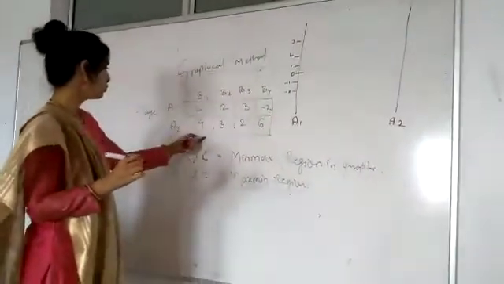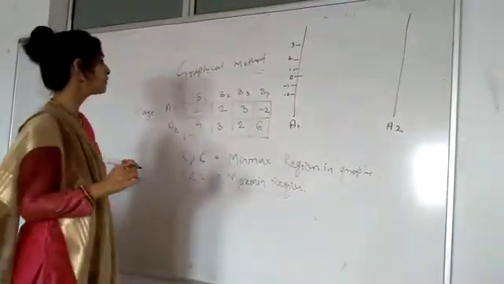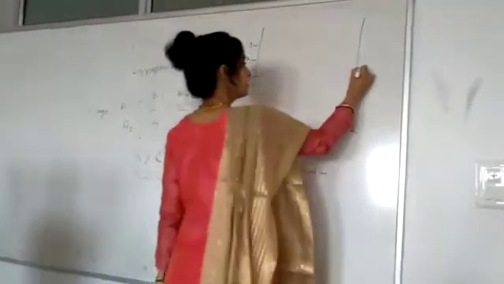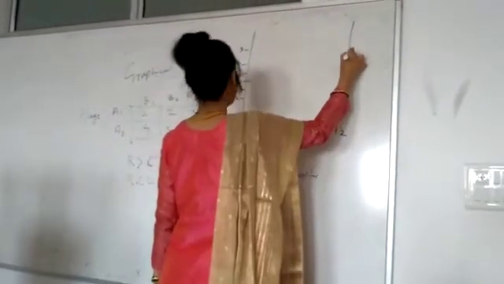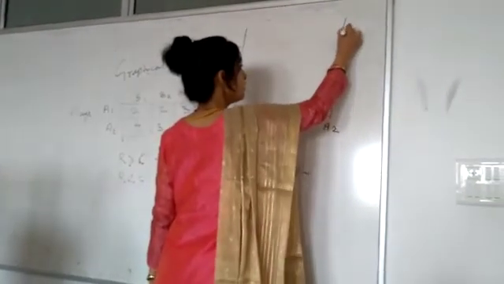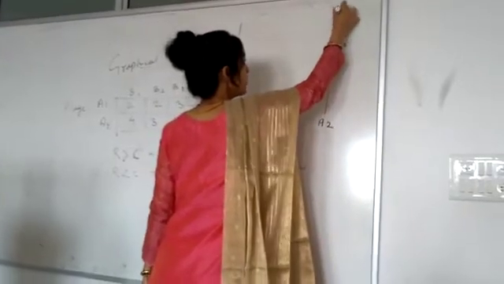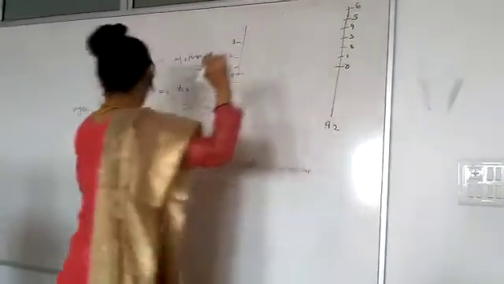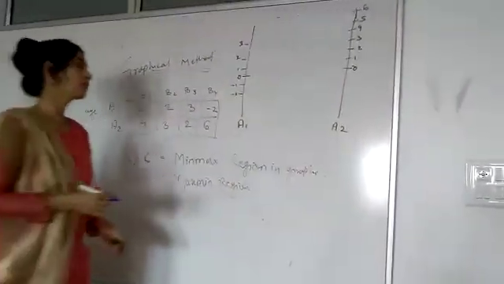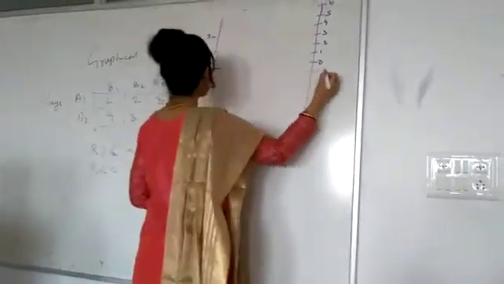For A2, the maximum number is 6 and the minimum number is 2: 0, 1, 2, 3, 4, 5 and 6. No negative number is there, so it is not required for this, but we can also draw that.